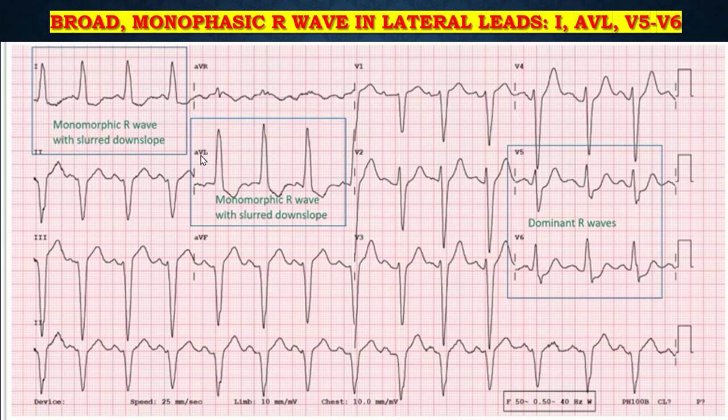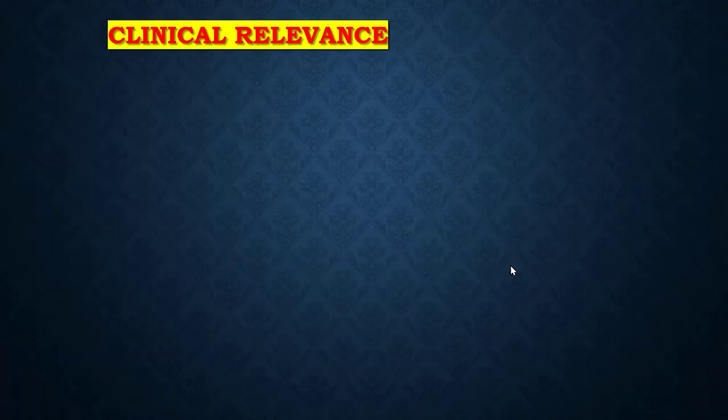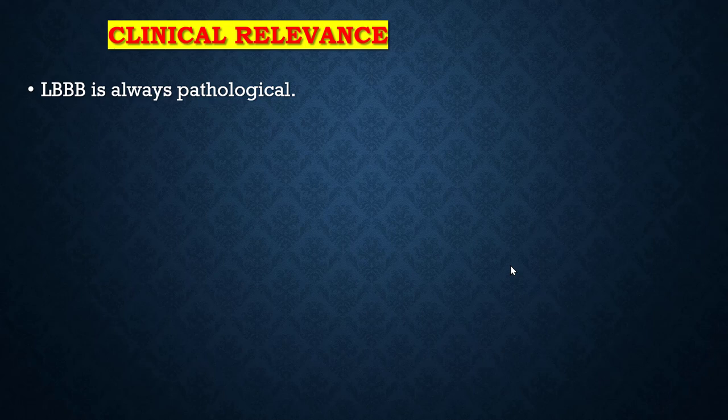Here you also can see the R wave with slurred down slope. This you can also find in V5 and V6. Clinical relevance is always pathological.